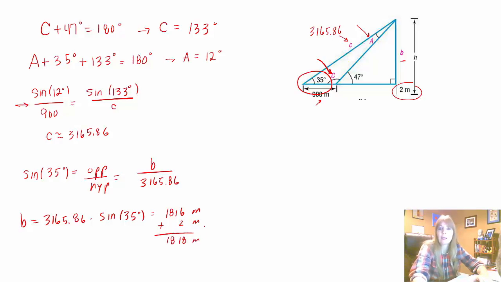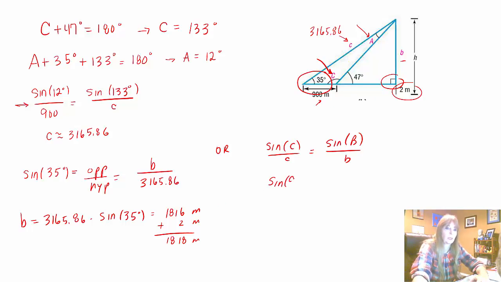Now, if you didn't think about it, but I always think about right triangles, you could have used law of sines, meaning I could have used the sine of C over little c, sine of B over little b. And so in this case, my C is 90 degrees. So sine of 90 degrees over the 3165.86.